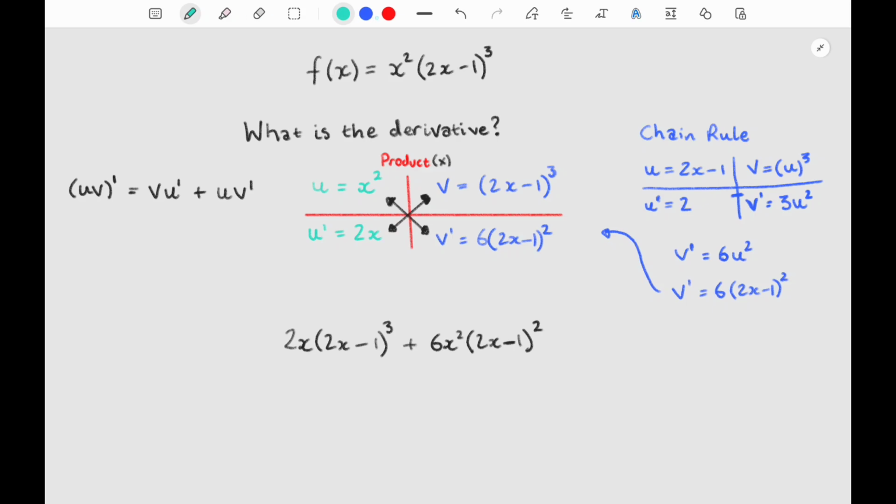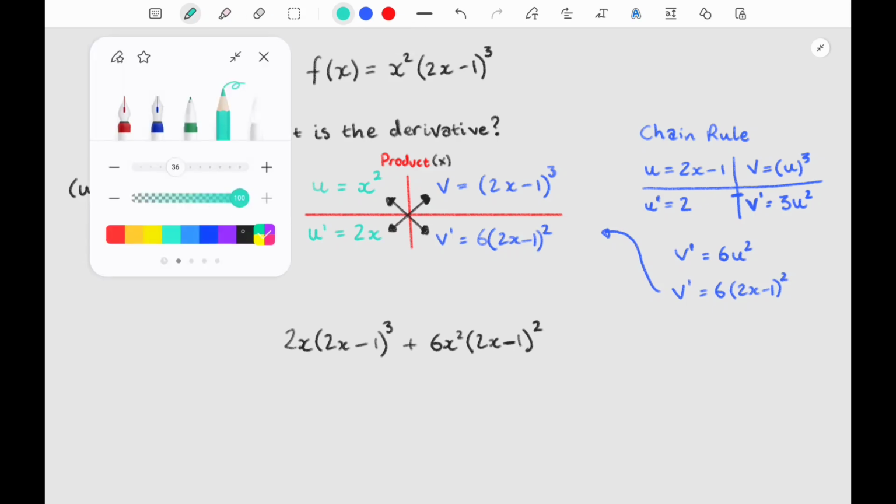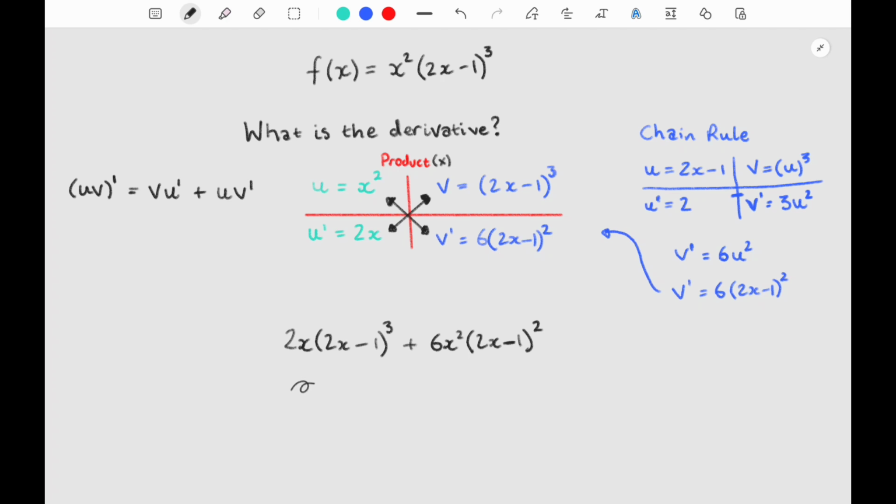Let's get the right color, and we have 2. We said we're going to take out an x and the 2x minus 1 all squared. And what's that going to leave us with? Well, if we factorize out like this, it's a division. So in fact that's pretty much what we've got there, except for the 2x minus 1. So that's the one thing that we are going to be left with.